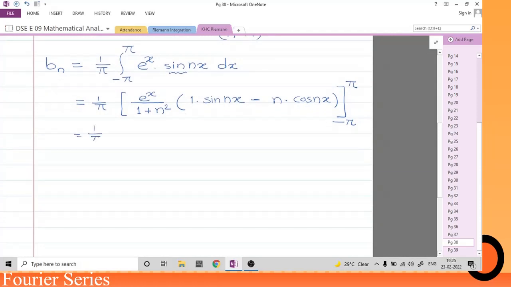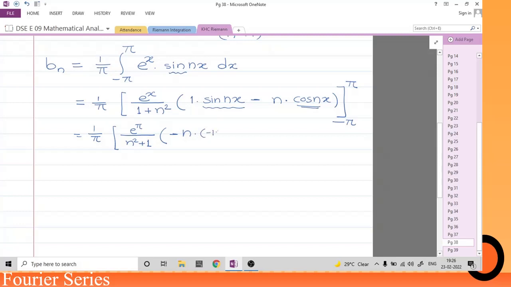1 upon pi. When we put upper limit x is equal to pi, you will get e raised to pi upon 1 plus n square, which I will write as n square plus 1. When we put x is equal to pi, sin n pi is 0, so no need to write 0, minus n times cos n pi.